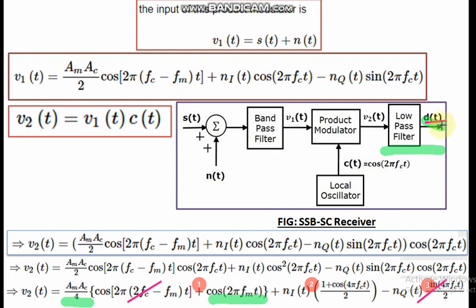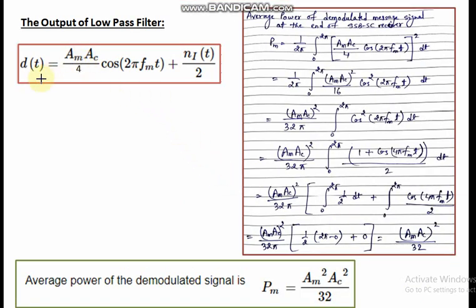This dt will be received from the low pass filter, which will contain only the term which is having the message signal and the in phase noise signal. That's why at the end of the calculation, here we have taken dt is equal to AmAc by 4 cos 2 pi fmt plus nit by 2.